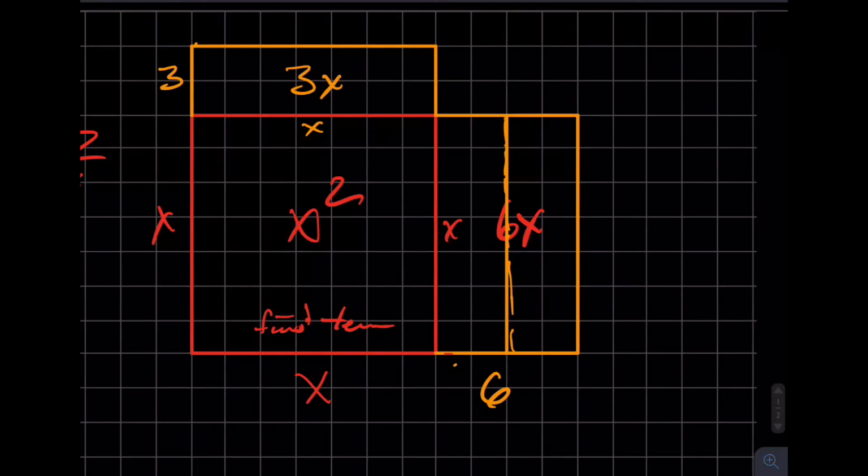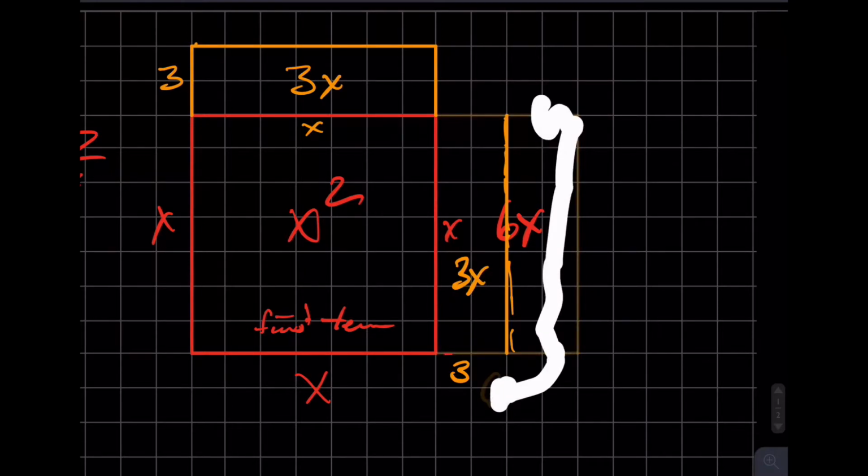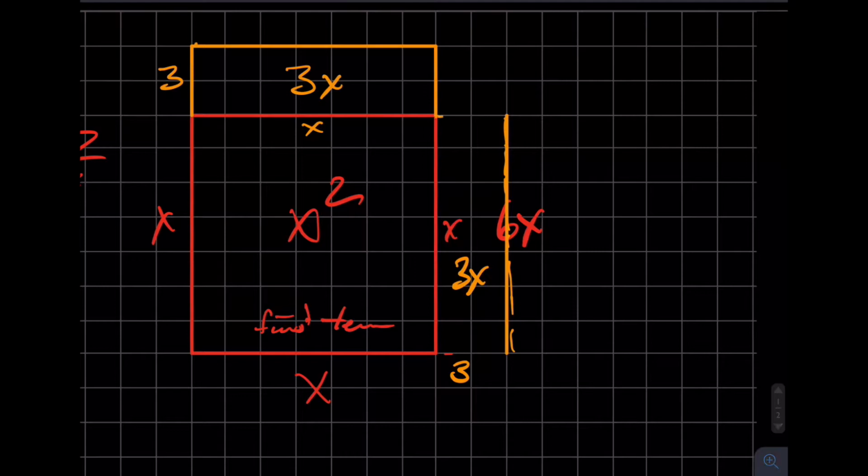This now has dimension 3, and this has dimension x, so this is 3x. So even though they're placed in different locations, these two rectangles are equivalent to that 6x rectangle. Okay? So my areas are still equivalent.